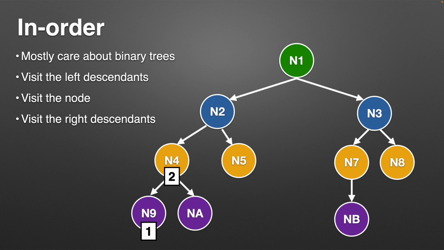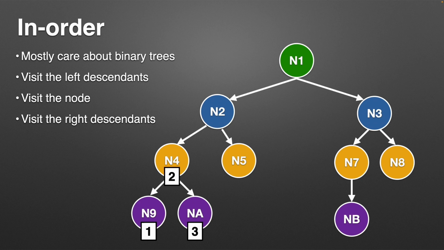Okay, so we are going through this. 1, 2, we printed N4, and so the next thing is to visit the right descendant, which we do have. And so we'll visit that. Now, NA doesn't have any left, doesn't have any right.